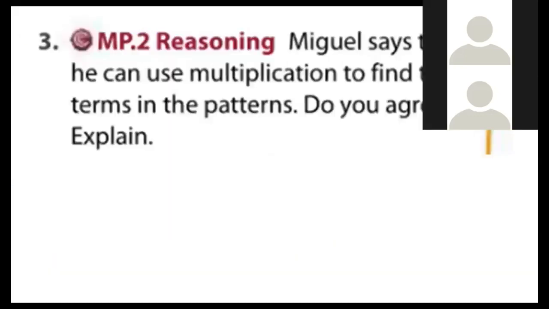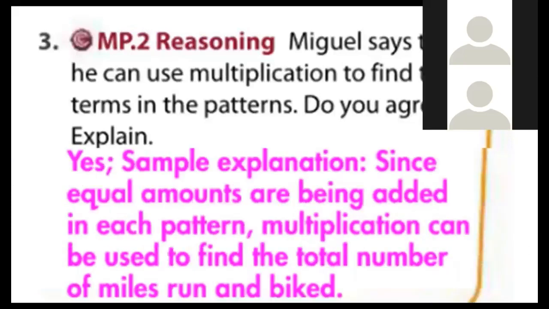Do you agree with him? Yes. Since equal amounts are being added in each pattern, multiplication can be used to find the total number of miles run and biked, because it will be like a repeated addition: plus 30, plus 30, plus 30, plus 30, plus 120, plus 120, plus 120. Sure, I can make it simple by using multiplication.